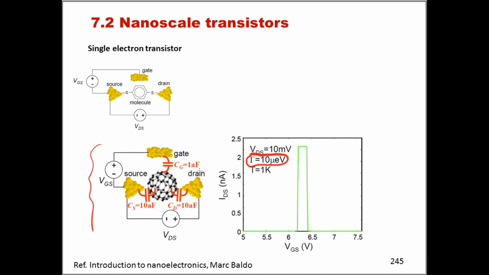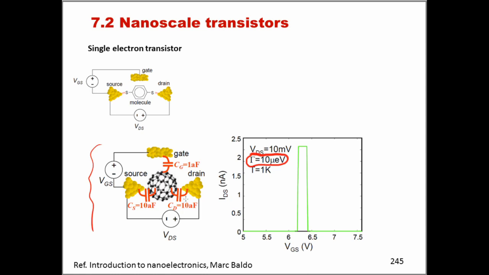So if we increase too much the drain voltage, this is able to affect a little bit also the potential of the particle. So the potential of the particle is not anymore controlled only by the gate, but is also a little bit affected by the potential in the drain.